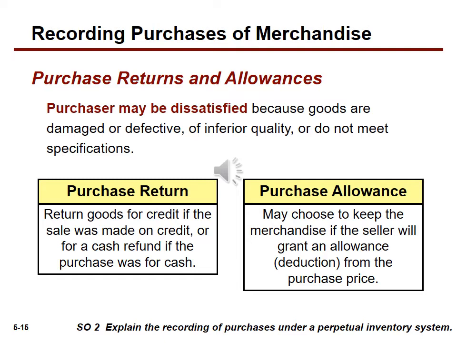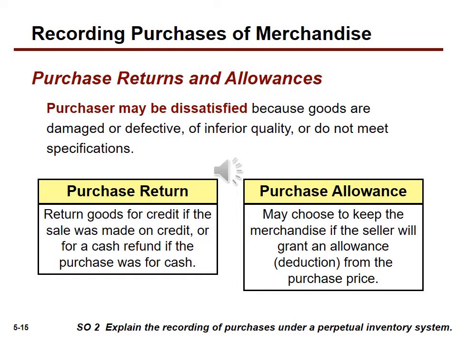The other scenario is called a purchase allowance, where the customer may choose to keep the merchandise in case the seller will grant an allowance or deduction from the purchase price. That especially occurs if the products are damaged or defective. The supplier might decide, okay, fine.